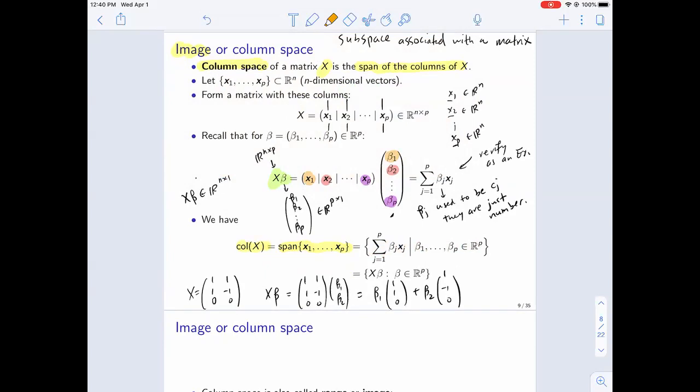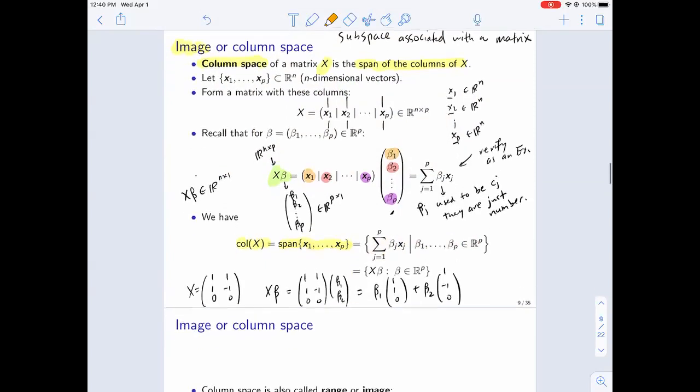Another point was that I can write this linear combination simply as X times beta, where beta is the vector that contains beta 1 up to beta p. Here's an example.